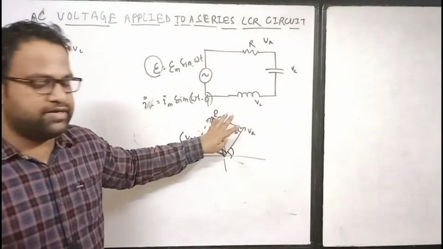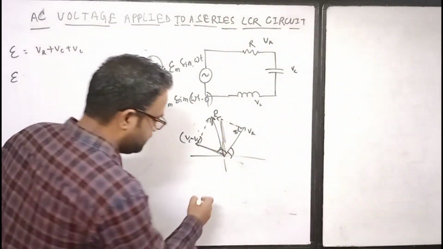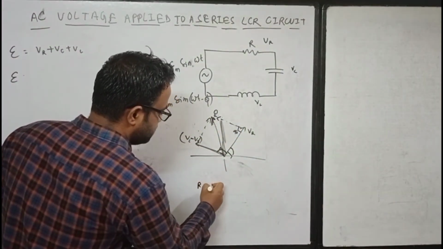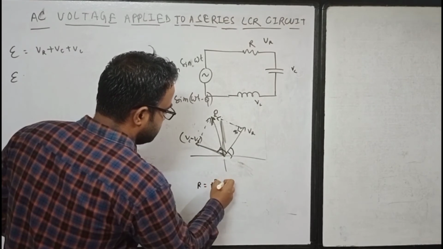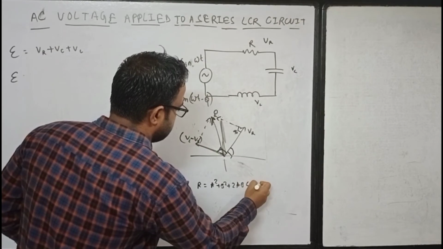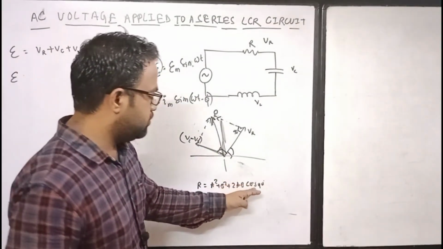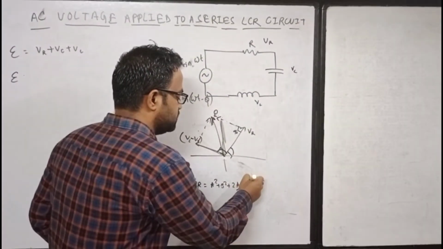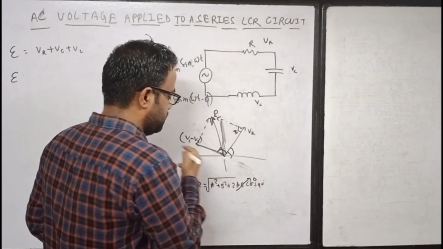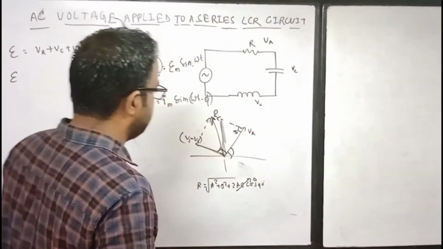So what can you write here? Two vectors at 90 degrees: their resultant is the square root of A square plus B square plus 2AB cos 90. Cos 90 is 0, so this term is zero. You know this from the parallelogram law of vector addition.